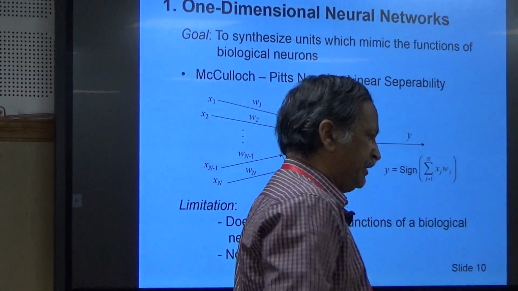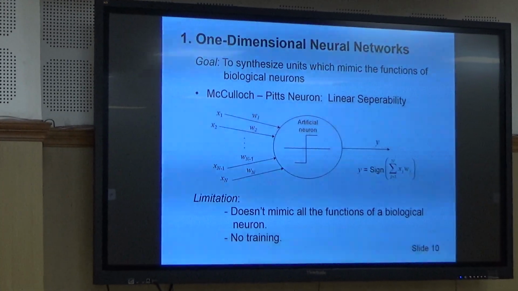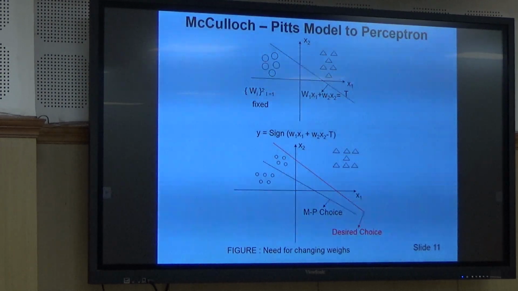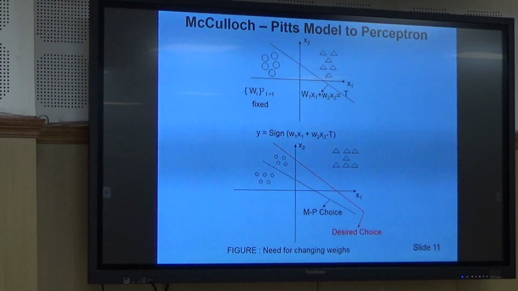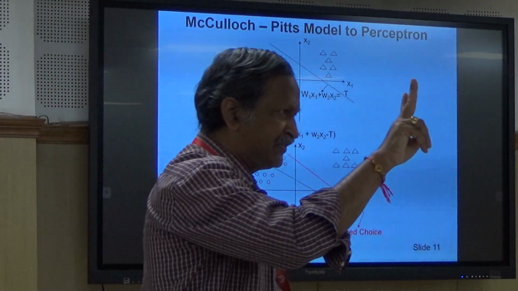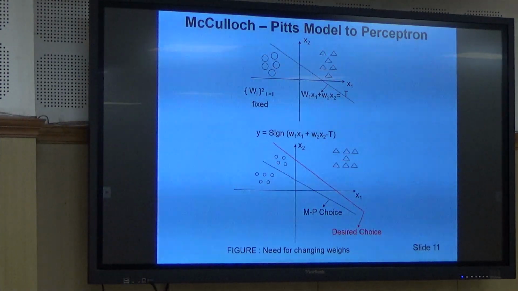Now, here is the main idea. Let's understand the problem properly. The smallest pattern space is two-dimensional, isn't it? A vector at least has two dimensions, and the number of classes cannot be any smaller than two. So let us look at the problem.